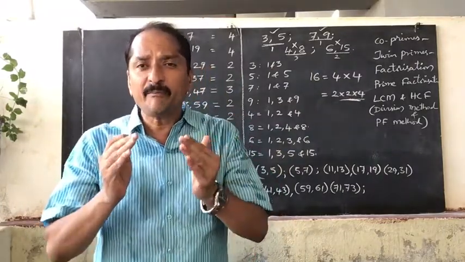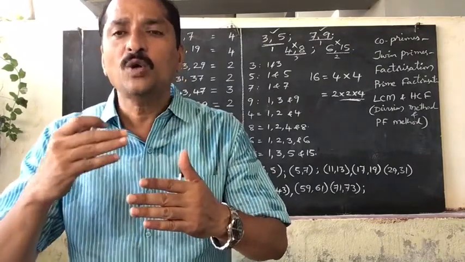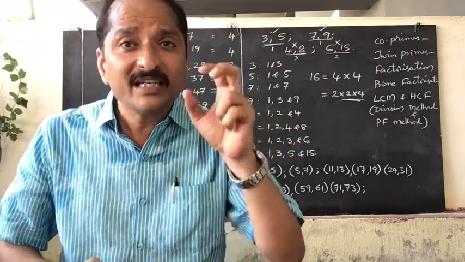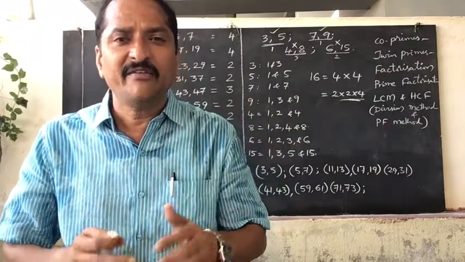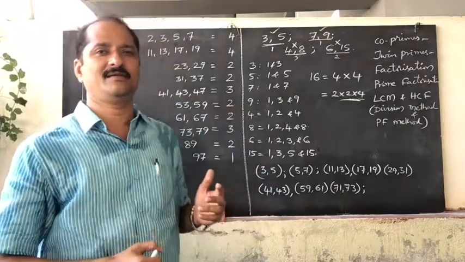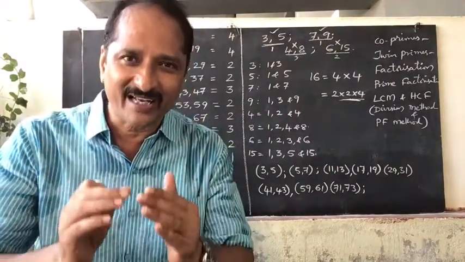Dividing the given number as a product of two or more numbers is called factorization. But what is prime factorization? Dividing the given number as a product of prime numbers is prime factorization.